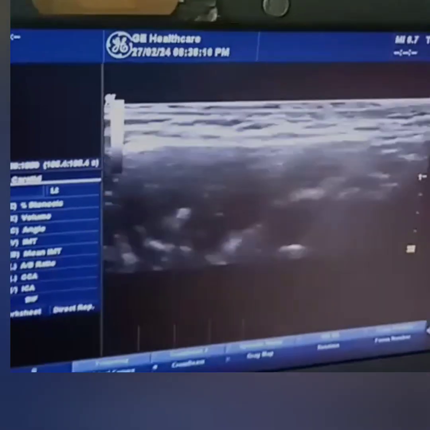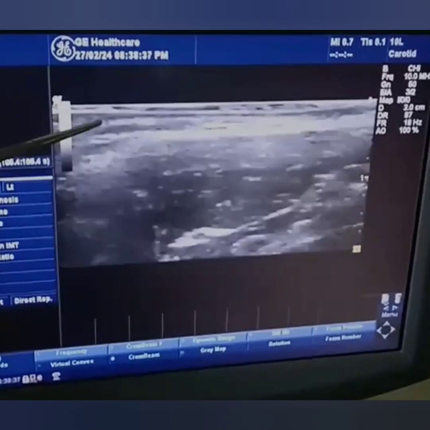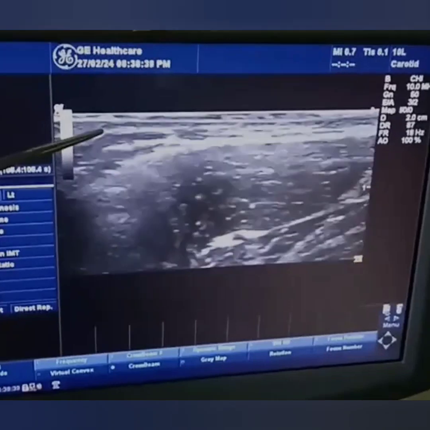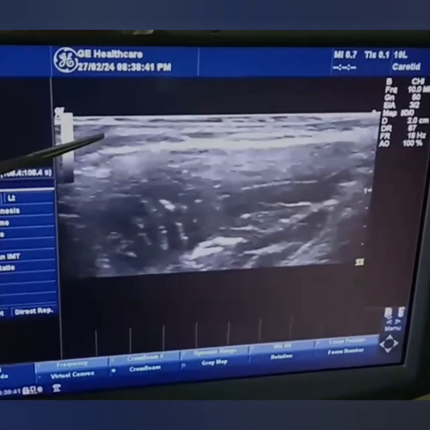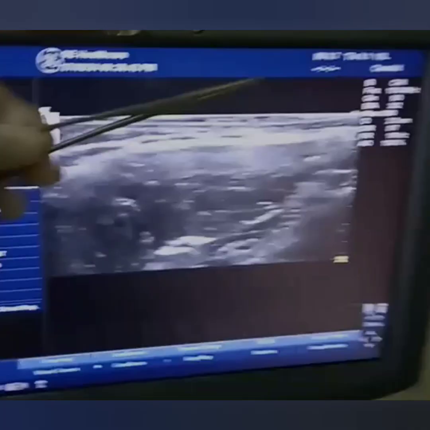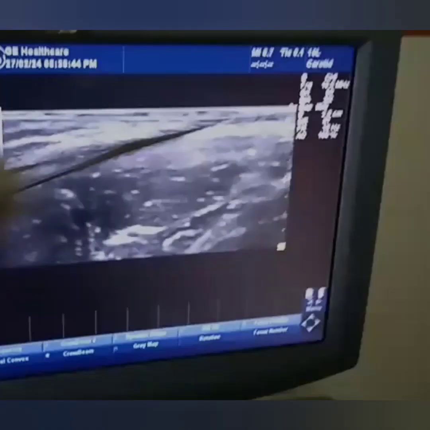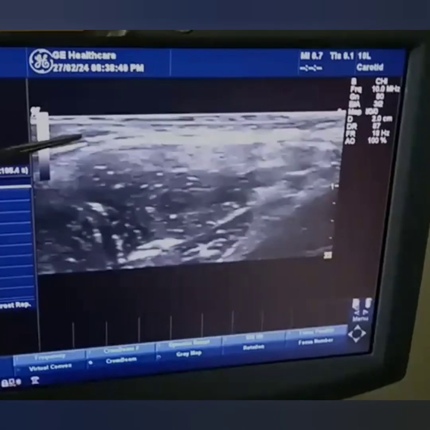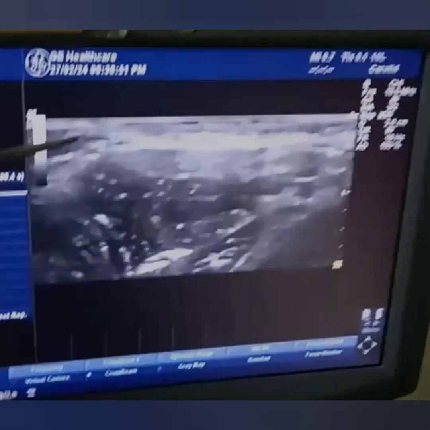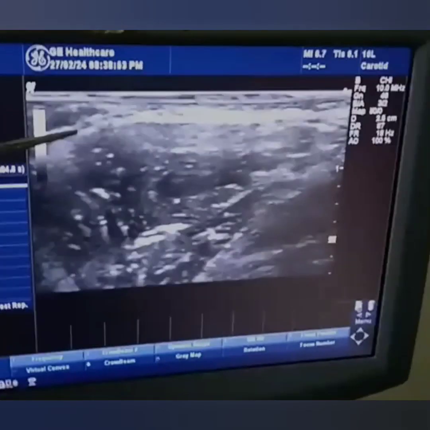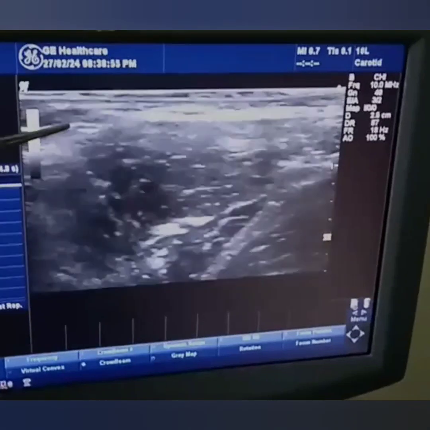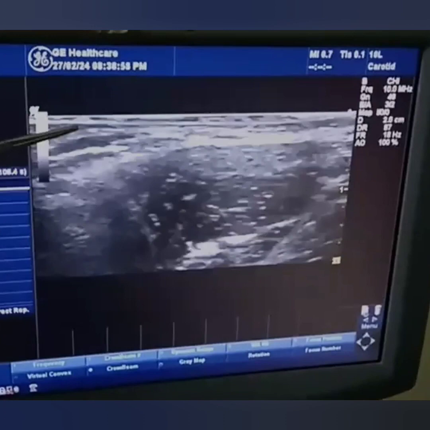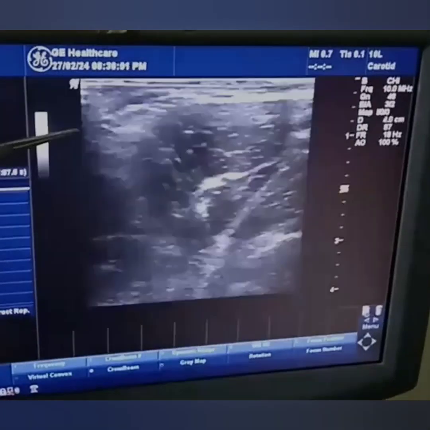And now the medial or the lateral you are asking? Hold on. Do you see the musculocutaneous nerve? No, sir. Still no. Don't you see any white structure?